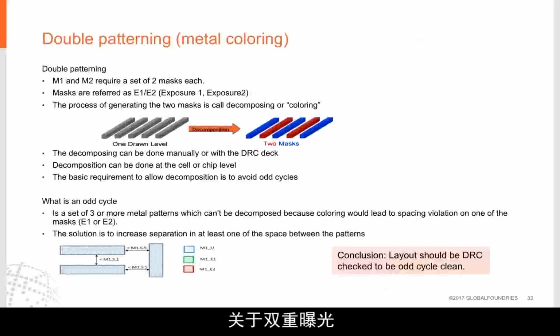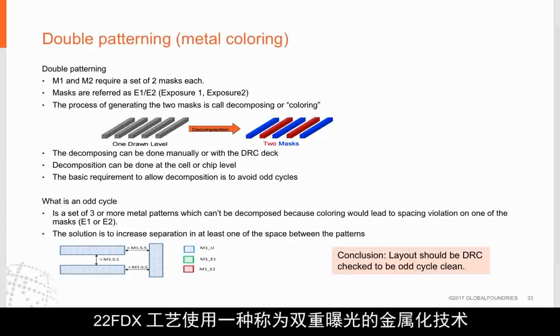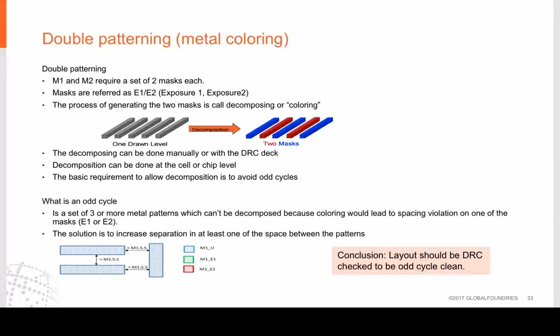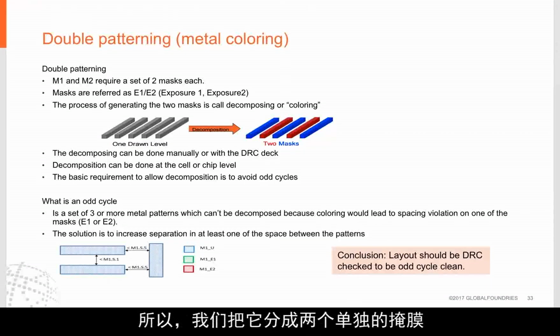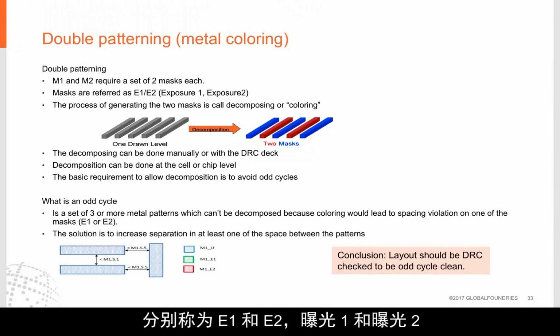Regarding double patterning, the 22FDX process uses a technique for metallization called double patterning. Because the spacings and geometries are so small, we're unable to put the M1 data on one mask. Instead, we split it into two separate masks referred to as E1 and E2, exposure 1 and exposure 2.